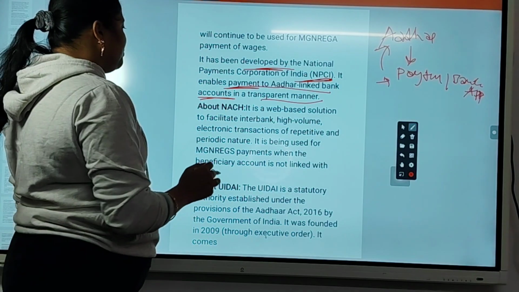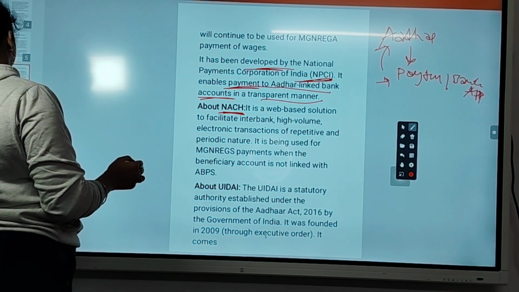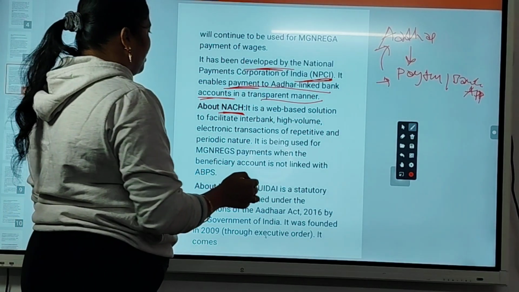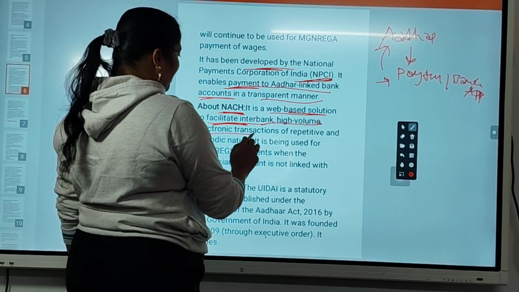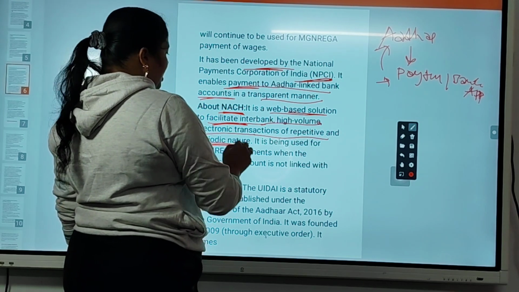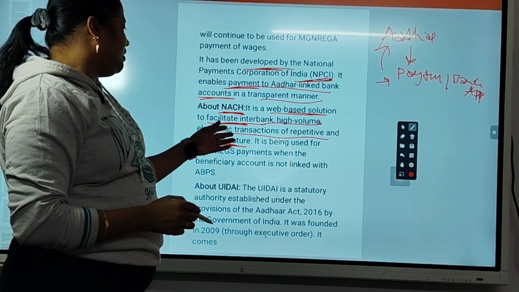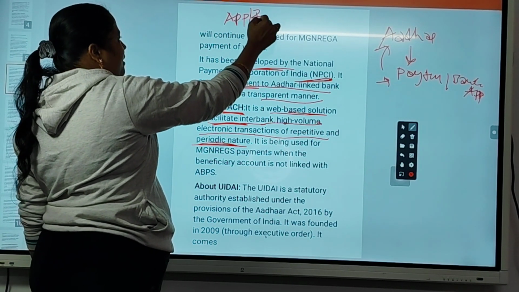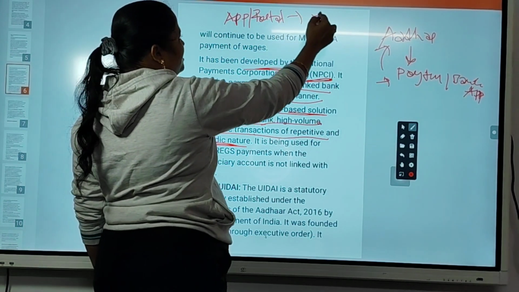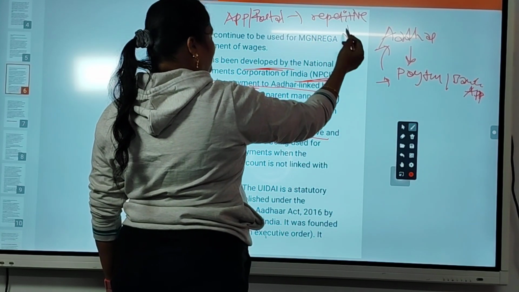Okay. So what is NACH here? National Automated Clearing House. It is a web-based solution to facilitate interbank high-volume electronic transactions of a repetitive and periodic nature. So this is nothing but a web-based app or portal where repetitive transactions can be taken care of.